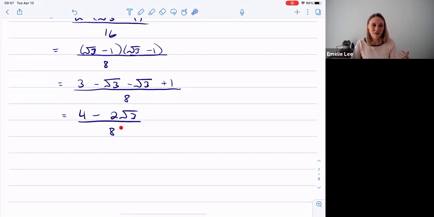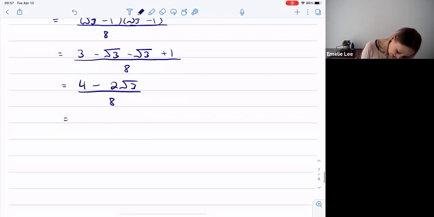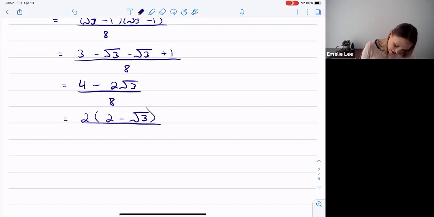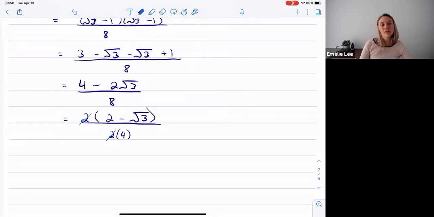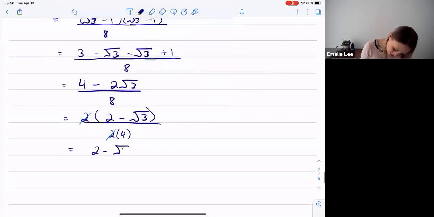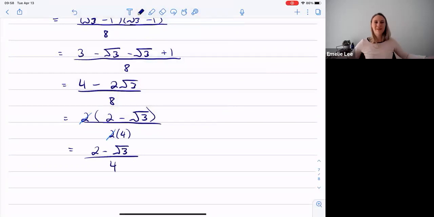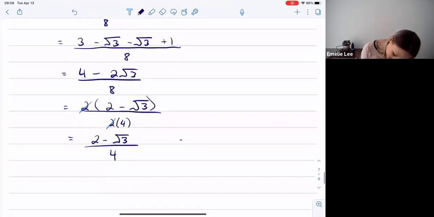Looks like I can factor out a common 2 here, and then it'll be the end of the road, because then I'll have 2 times 2 minus √3 over 8. I can rewrite 8 as 2 times 4. That's the only way we could cancel, if you have common multiples. So 2 minus √3 over 4, simplified. There's nothing else I can do here to simplify this.